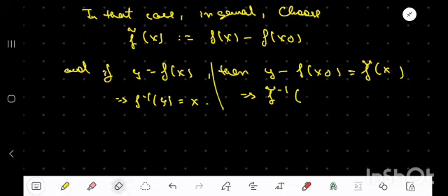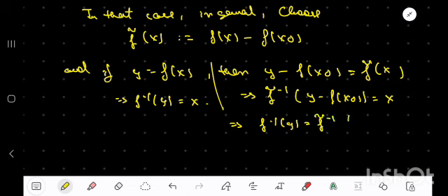So f tilde inverse of y minus f of x naught will be equal to x, but x was f inverse of y, so that means we have that f inverse of y is equal to f tilde inverse of y minus f of x naught. So we have got the inverse function. Fine, so proving it for f tilde will suffice.